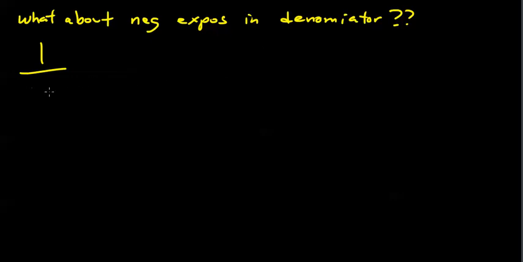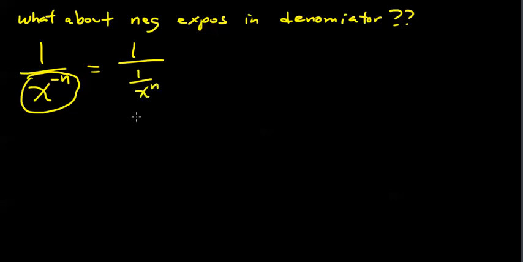Let's say we've got something that looks like this: 1 over x to the minus n power. How are we going to simplify this? Well, take a look at this denominator. We know what that denominator is. X to the minus n power is 1 over x to the nth, is it not? Alright, so I've got a number in the numerator divided by a fraction, and we know that when we divide by fractions, we equivalently invert and multiply, right?